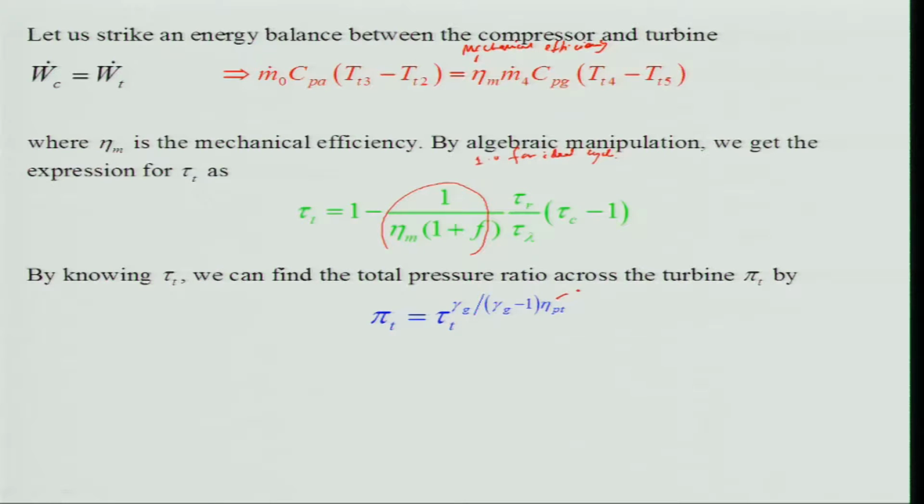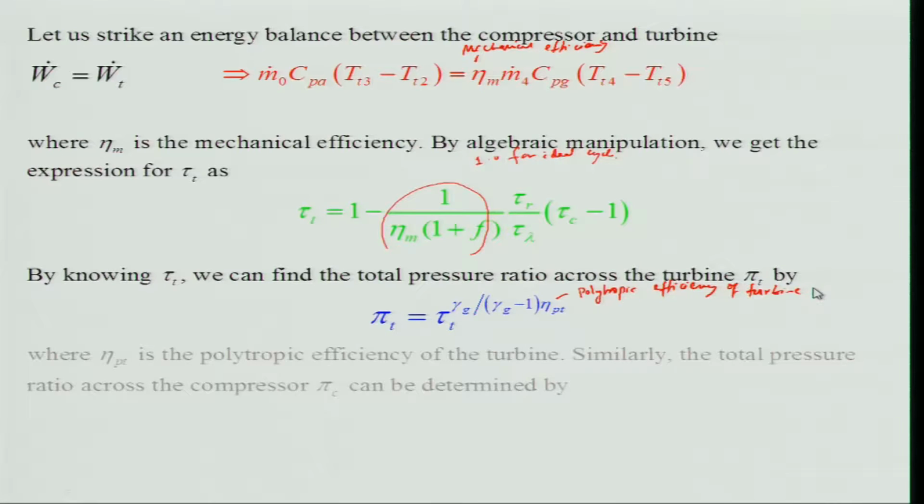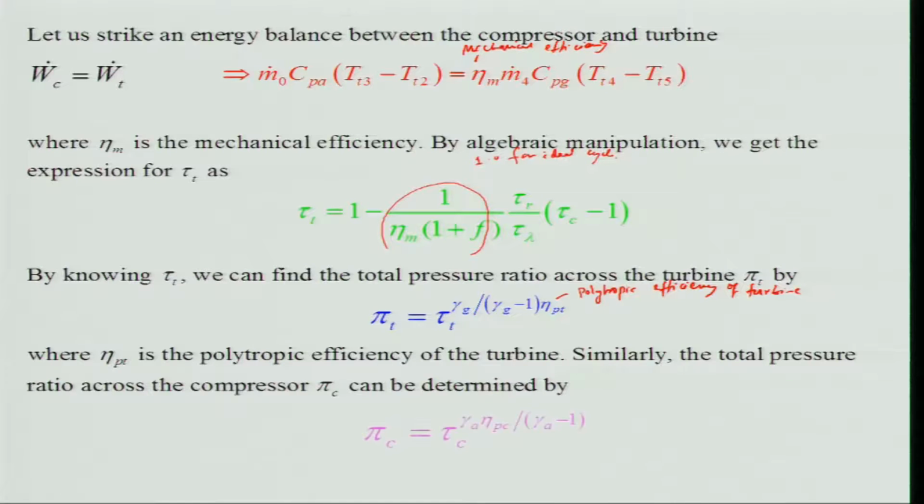This is the polytropic efficiency of the turbine. Similarly, the total pressure ratio across the compressor can be determined if I know tau c, or tau c can be determined if I know pi c, by using the polytropic efficiency of the compressor, and gamma of course is known to you. We will be using gamma as 1.4.